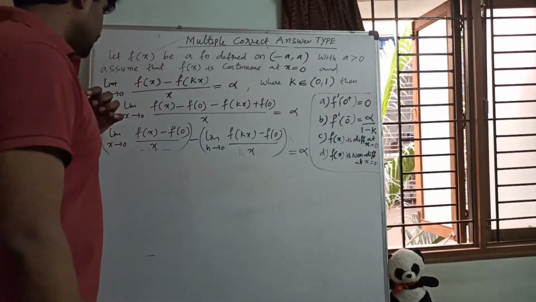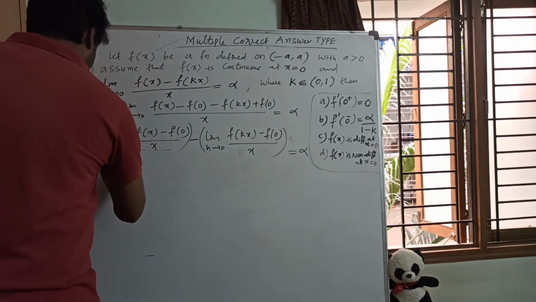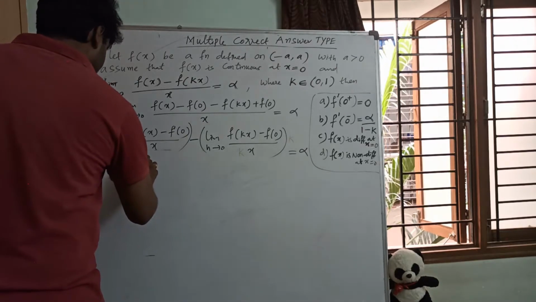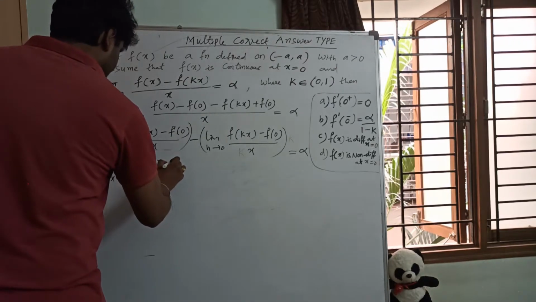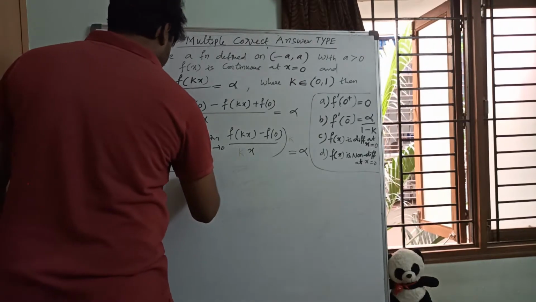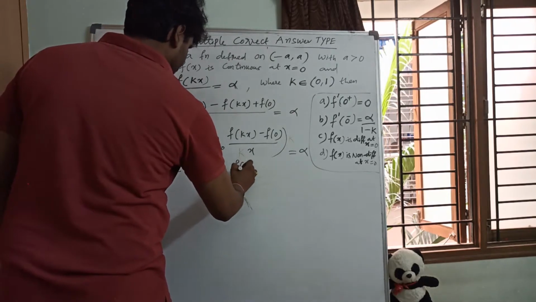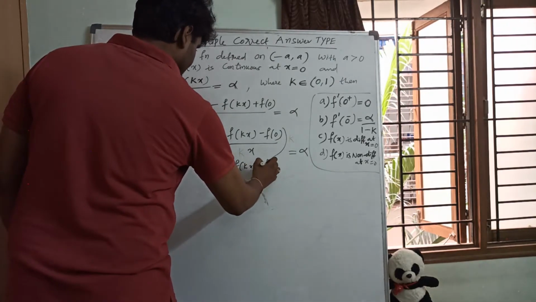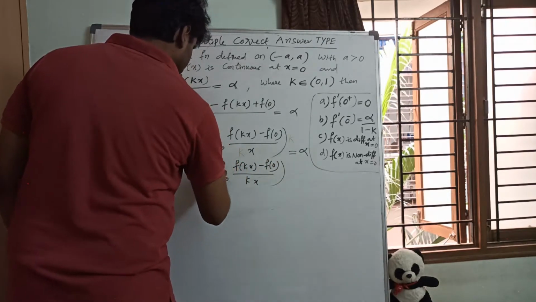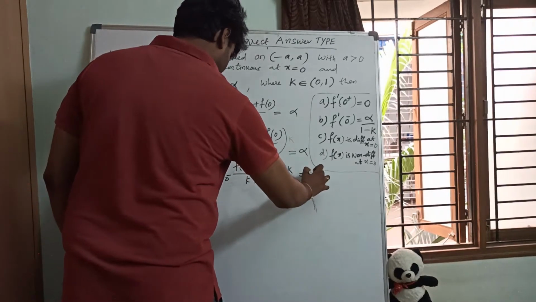So what is this function if you multiply and divide by k there? Limit as x tends to 0 minus of f of x minus f of 0 by x, minus limit as x tends to 0 of f of kx minus f of 0 by kx into k, equals alpha.